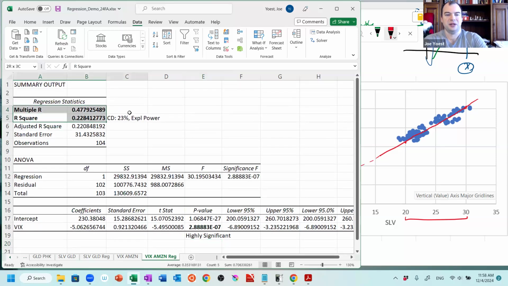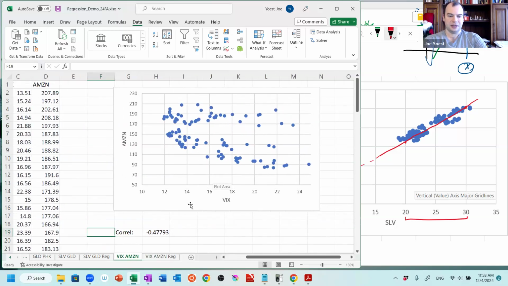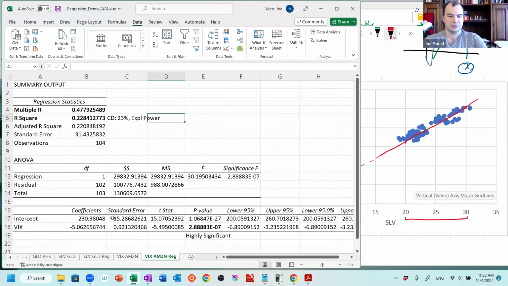Maybe 23% explanatory power is good if I don't have a better model. If my choices are explaining nothing or explaining 23% of the behavior, that's better than nothing. But with all of the different securities and stocks out there, I probably can do better than this. Also, important to note here, this is a negative linear relationship.